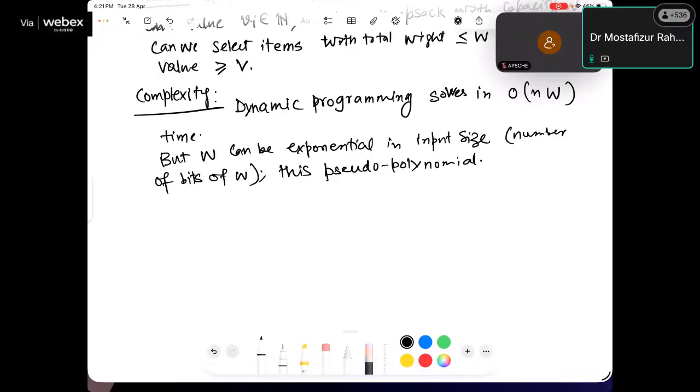But in general, if the input size is quite big, this order of NW can take the form of exponential complexity. So that means it is not a polynomial order algorithm, right?